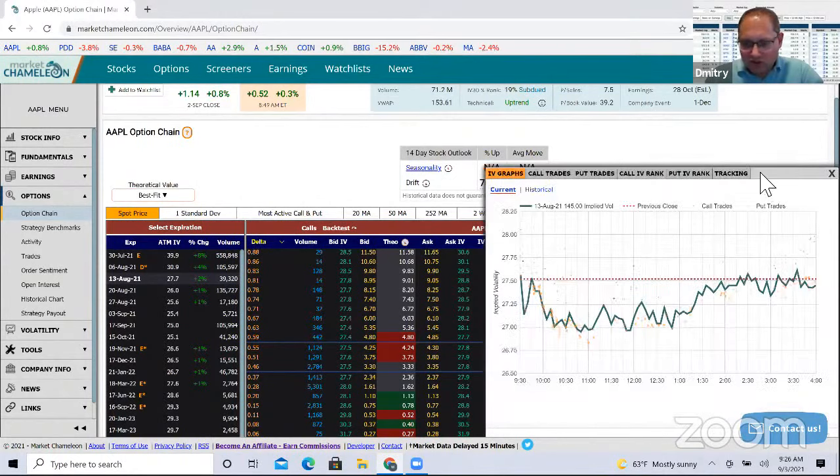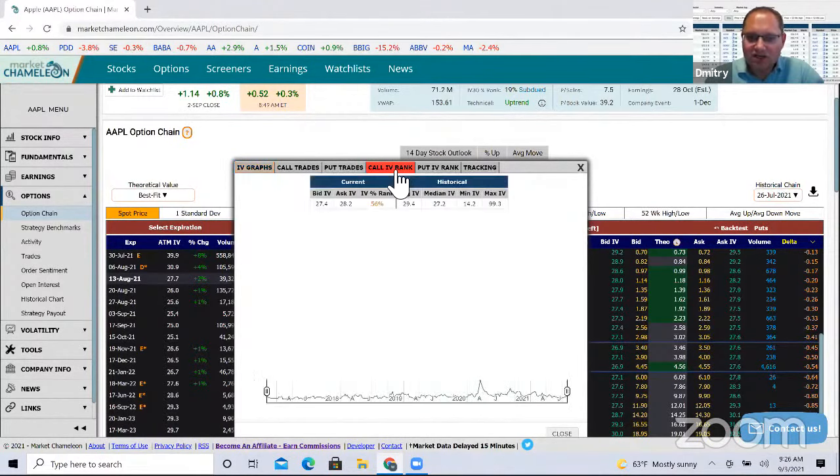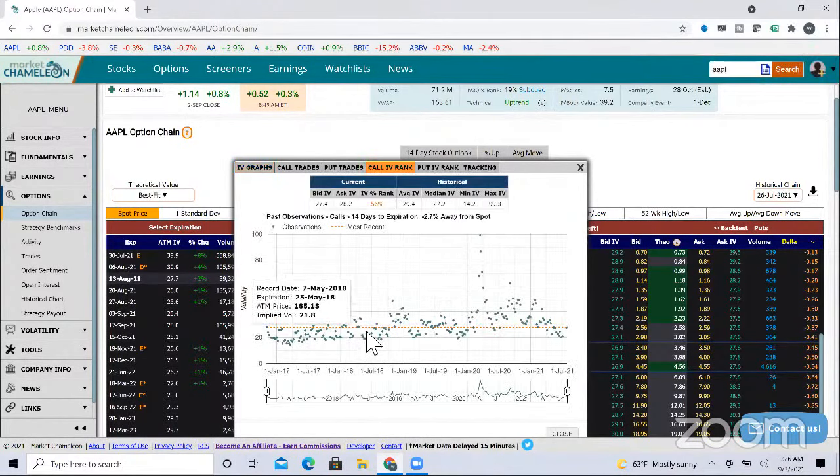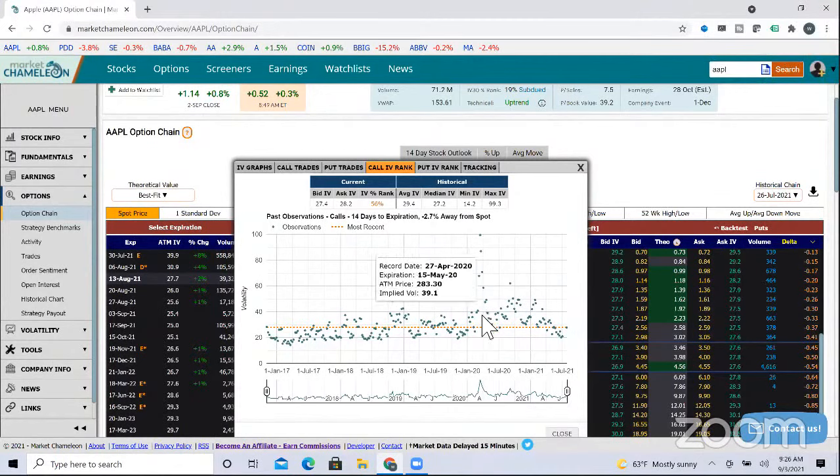Well, if you click on this strike, each option we save analytics. So here is the chart for the 145, but what you're asking is the call IV, right? These are plots of the implied volatility observations for this call. You see here when it went way up when the earnings came out.